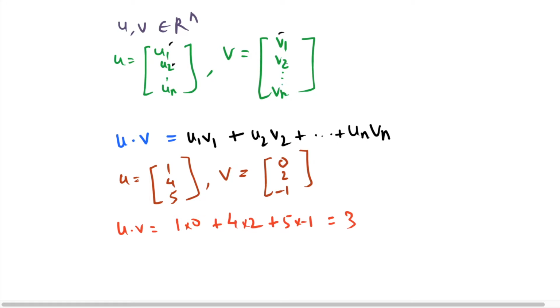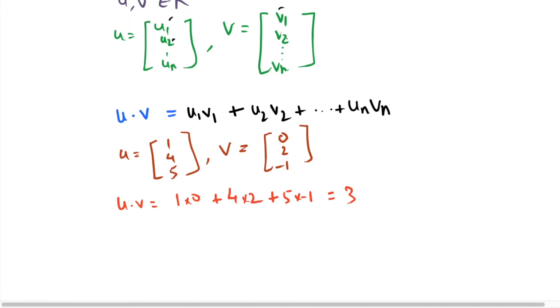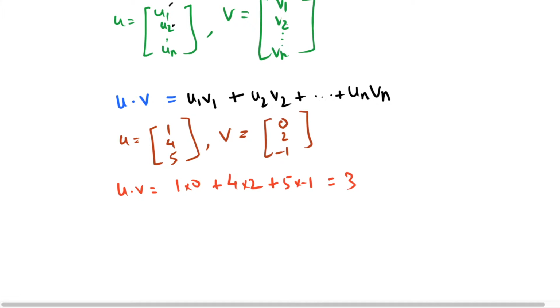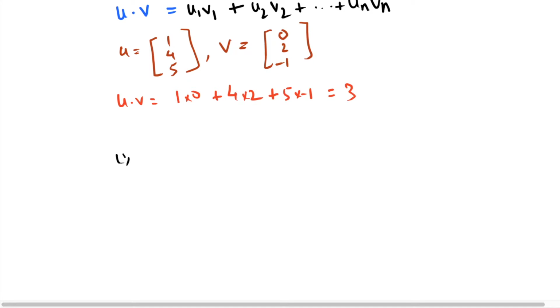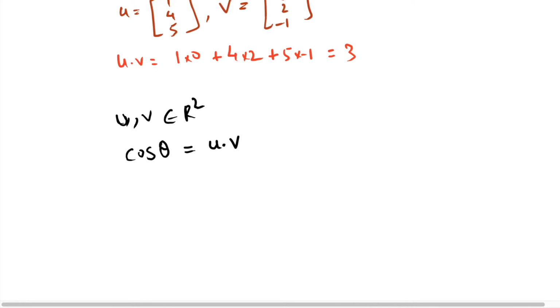So we have learned that the cosine of the angle between two unit vectors in R2 is u dot v. So now let's say u and v belong to R2. Then the cosine of the angle, let's say theta, will be u dot v. So let me draw these two vectors.